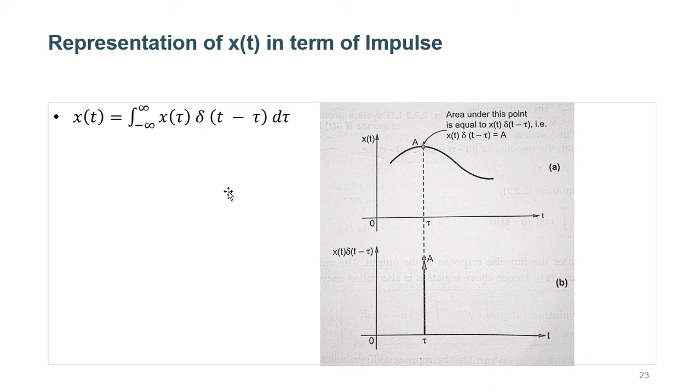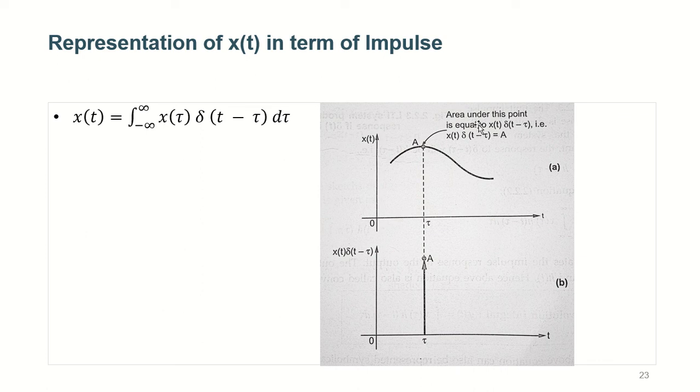Okay, as you can see here, this signal is a weighted sum of impulse responses which we have taken, and this point A of my signal, can't we represent it as an impulse as well, right?